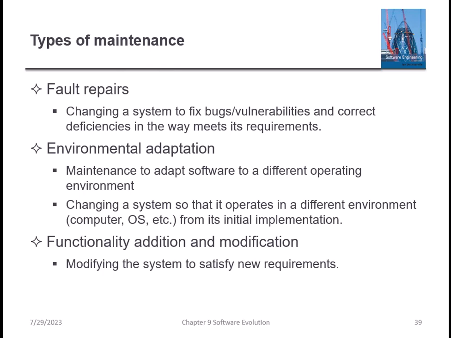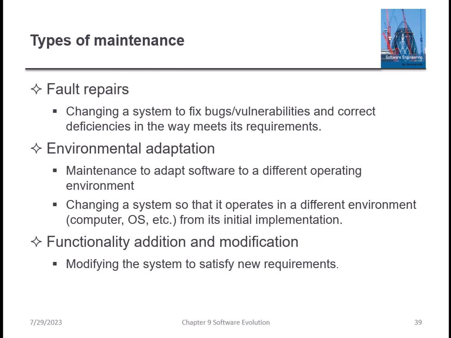If the system does not perform, or some features or components do not perform well, this shows there are some deficiencies in different components. The deficiencies can be in the functional requirements or in the non-functional requirements. So this system then demands a fault repair process.